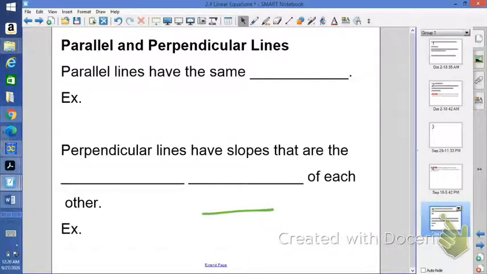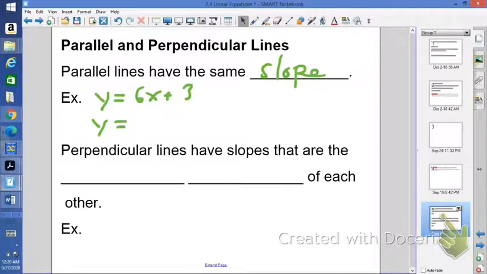Now the equations of parallel lines have the same slope. So if I write y equals 6x plus 3 and y equals 6x plus 5, these are going to be parallel lines because the slopes are the same.